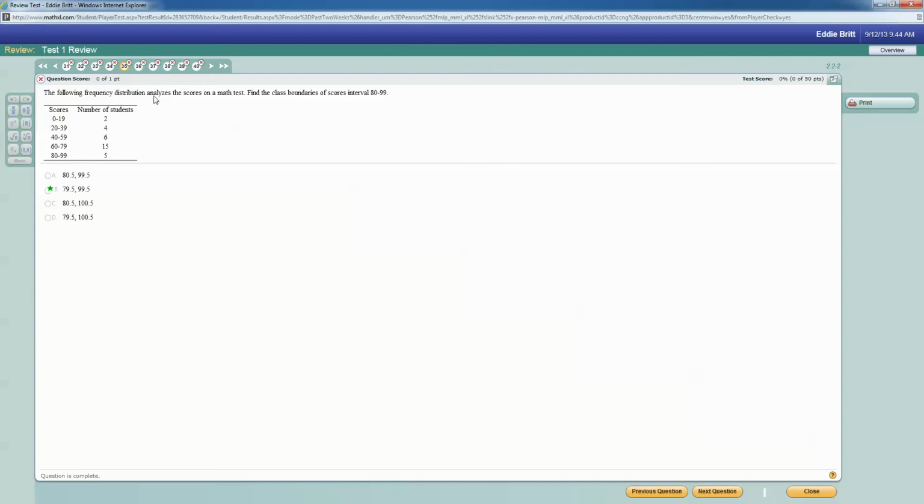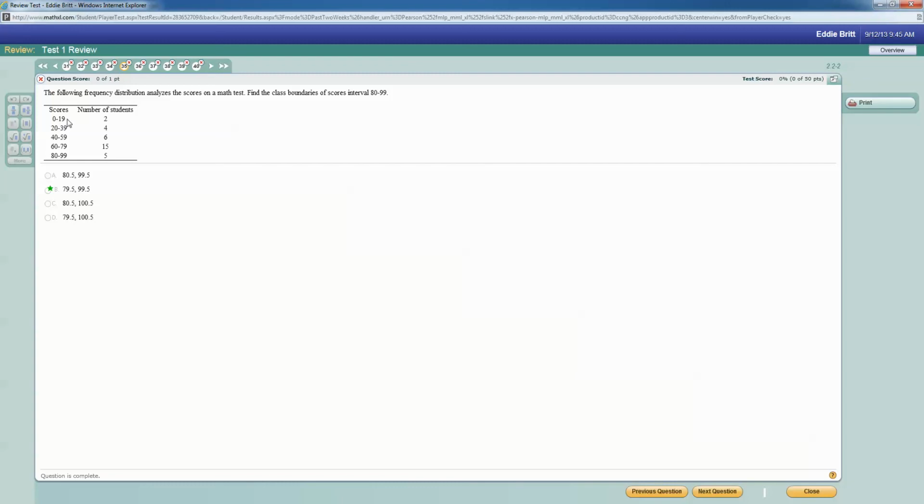The following frequency distribution analyzes the scores on a math test. Find the class boundaries of scores interval 80 to 99. Class boundaries, so not class width. The way that you do those is you look at an upper boundary and a lower boundary, and you see how many units are between those two.